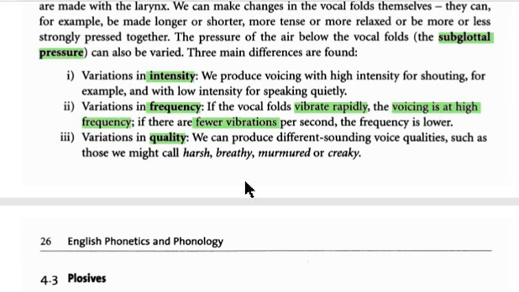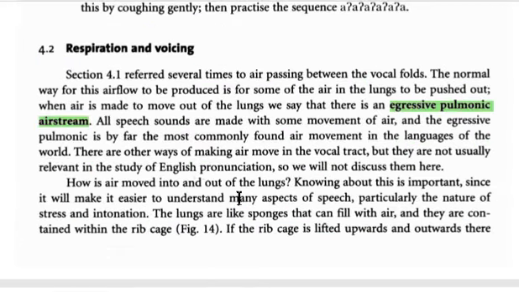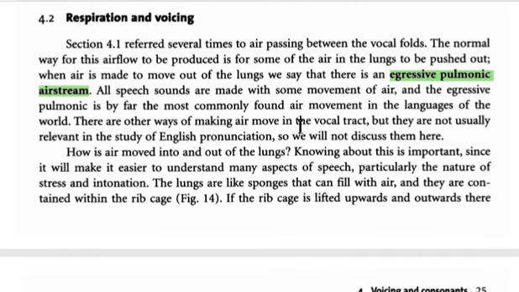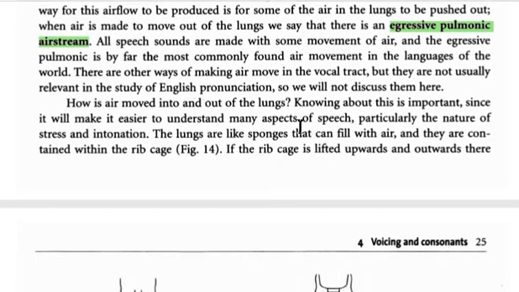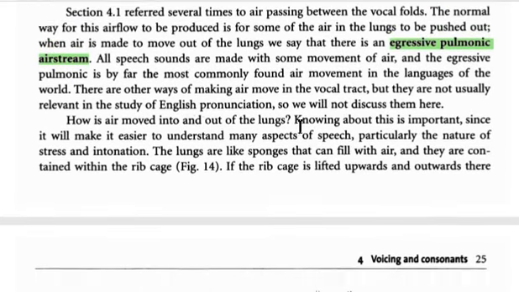This results in harsh, breathy, murmured, or creaky sounds. In summary, we have discussed the egressive pulmonic airstream, the normal way of breathing. When you breathe out, you can produce speech sounds.